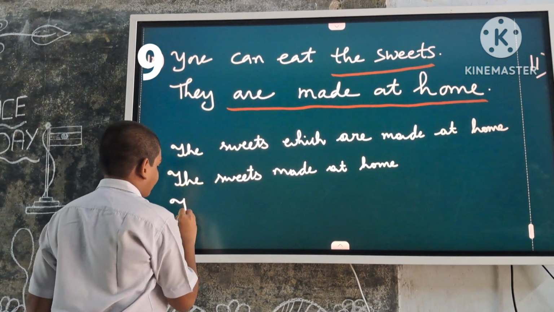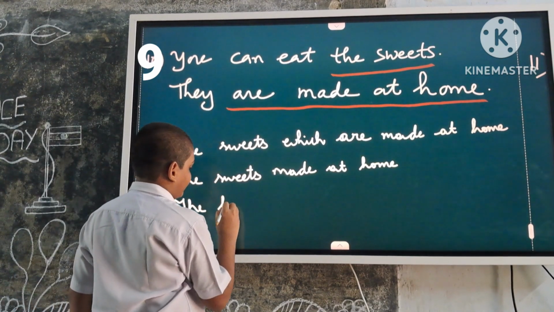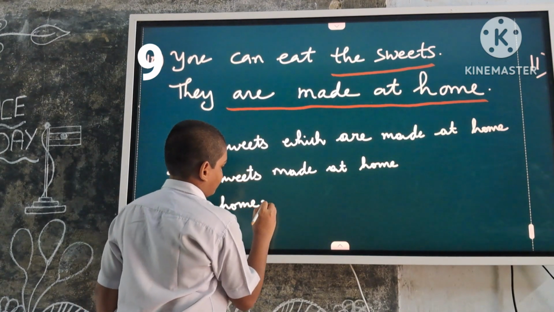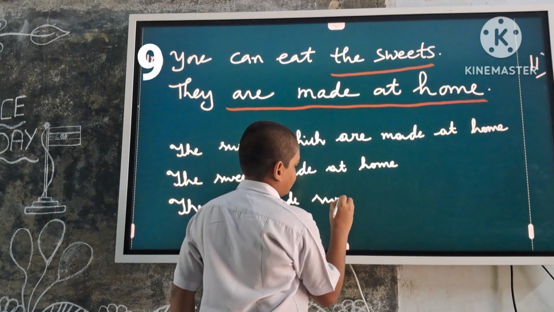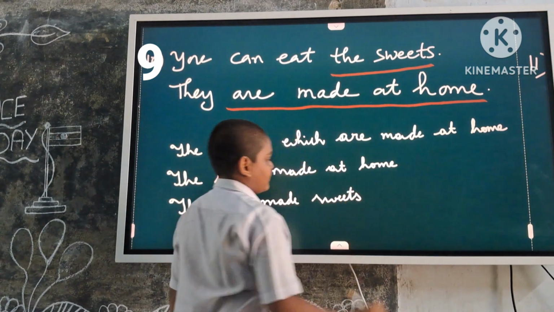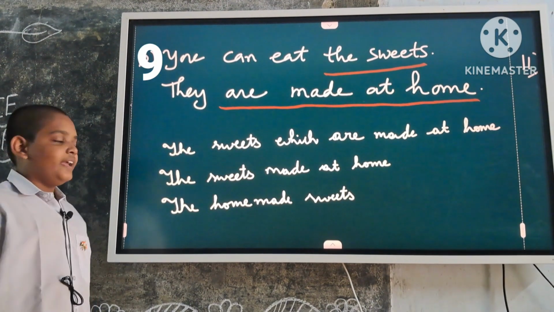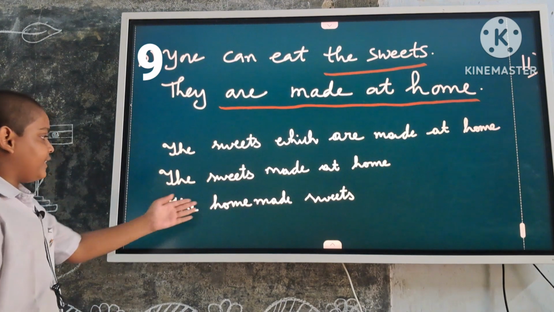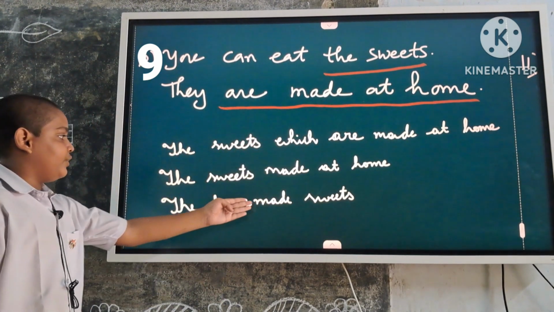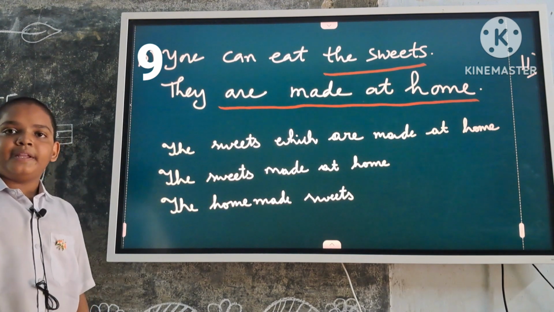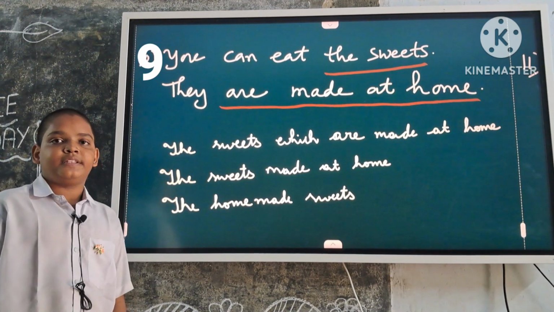The homemade sweets. Here the newly formed noun phrase is the homemade sweets. Are made at home is changed into homemade. Homemade is pre-modifier adjective phrase.